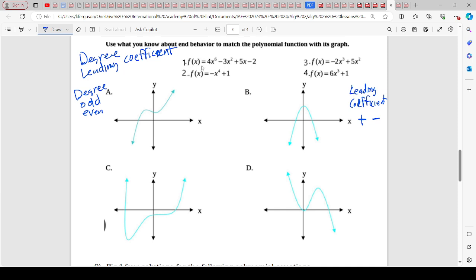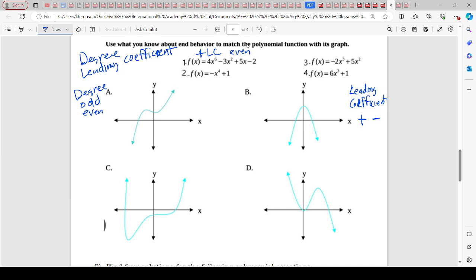So if we look at the first function, f of x equals 4x to the 6 minus 3x squared plus 5x minus 2. So what's the leading coefficient? It's 4. Is it positive or negative? So number 1 has a positive leading coefficient. And then what about the degree? Even.